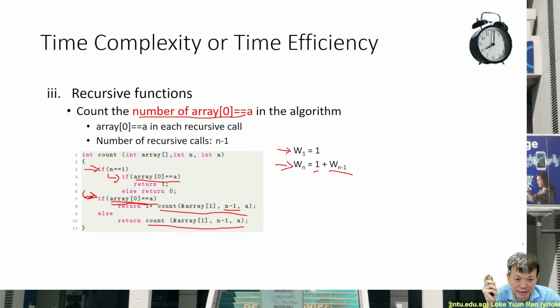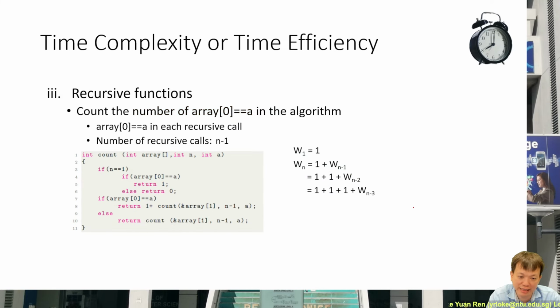So in this very simple example, not surprisingly, you just solve this recursive function. You already expected the answer, but I still go through it. What is W(n minus 1)? When your problem size is n minus 1, the number of operations you need to execute is 1 plus the number of operations you did in n minus 2. So you repeat the procedure again and again. So it's 1 plus 1 plus 1 plus 1, to the last one.